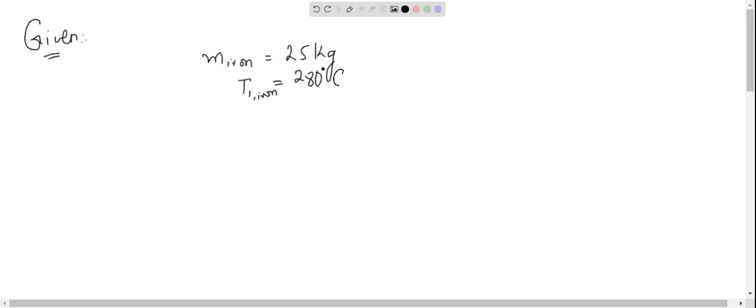Then this hot iron block is dropped into water in an insulated tank, and that water had a mass of 100 kg. So that means the mass of water is given, that is 100 kg at temperature 18 degrees centigrade. That means temperature T1 of water is given, that is 18 degrees centigrade.